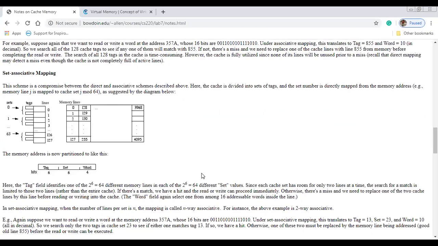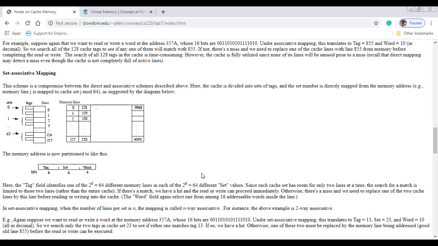For example, if I am taking a 64K cache memory, the 64 is represented as 2 power 6. 2 power 5 will be 32 and 2 power 6 will be 64. So this 6 will be considered as the set value. The set value is 6. And again we are making use of tags in this.